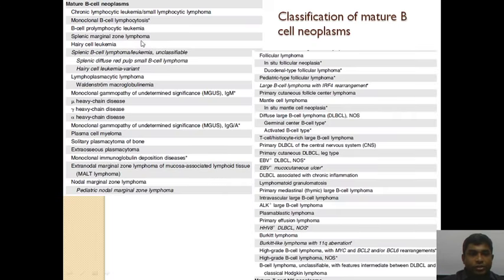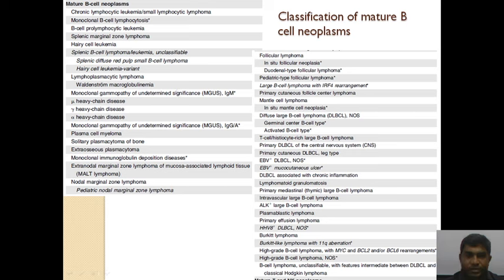So this is the exhaustive list of B mature lymphoid neoplasms. This includes commoner ones like CLL, follicular lymphoma, mantle cell lymphoma, and marginal zone lymphoma, and these are associated with smaller sized cells.